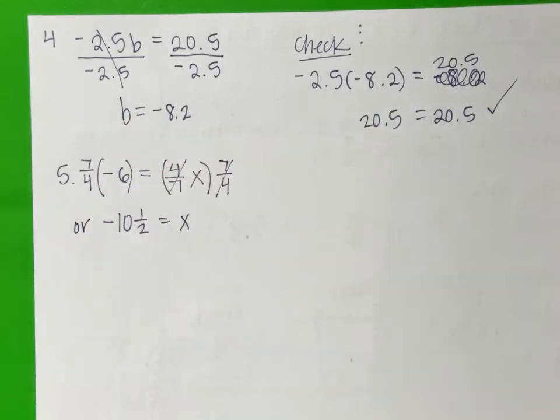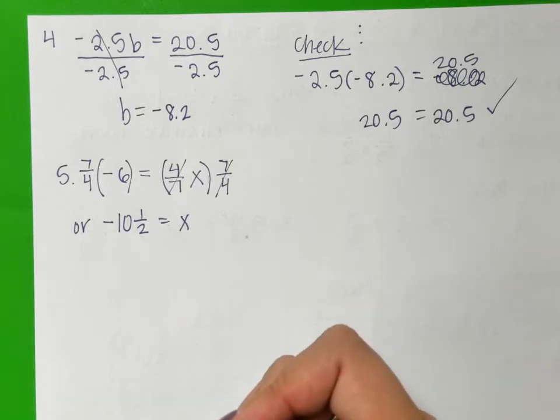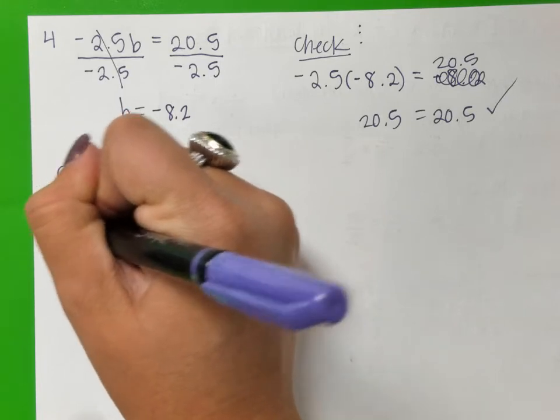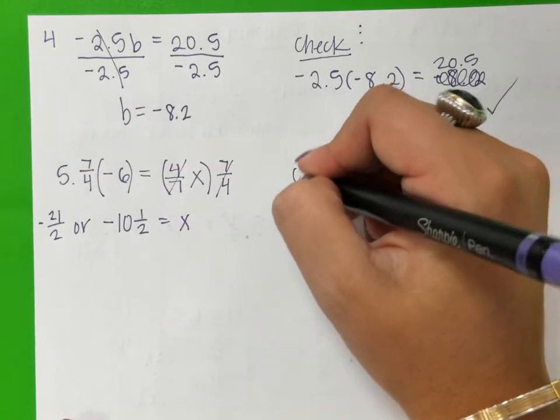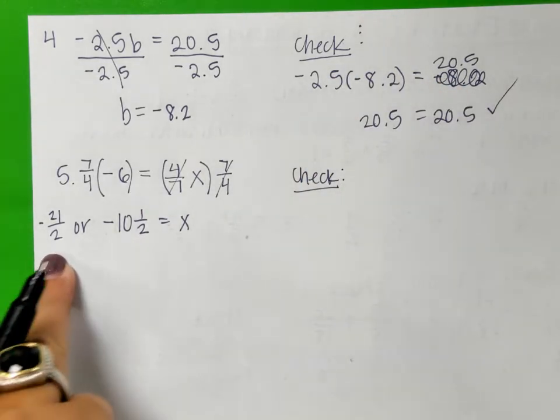If I'm checking it, remember it's easier to do it as an improper fraction. So how would I change this to an improper fraction? Okay, so that would give me negative 21 over 2. So if I want to check it, I'm going to plug in that improper fraction for x.